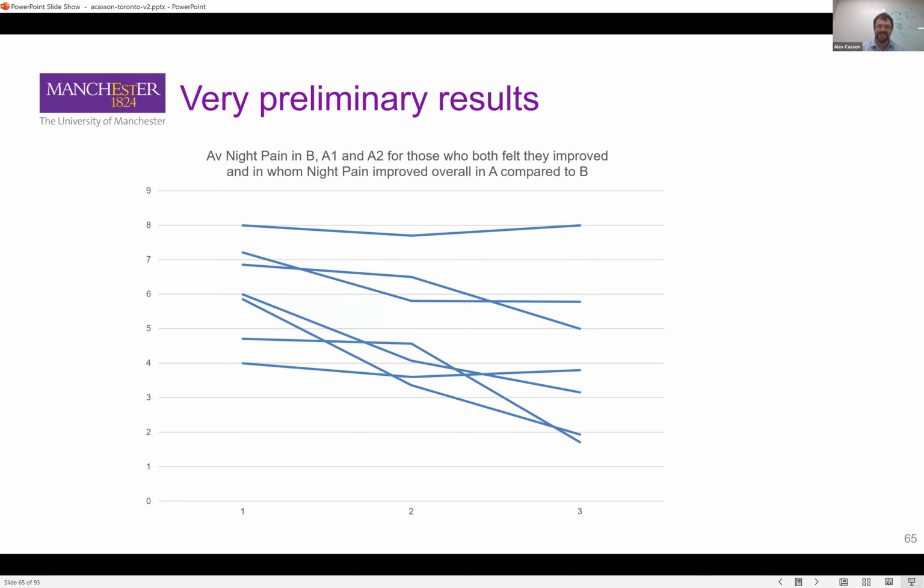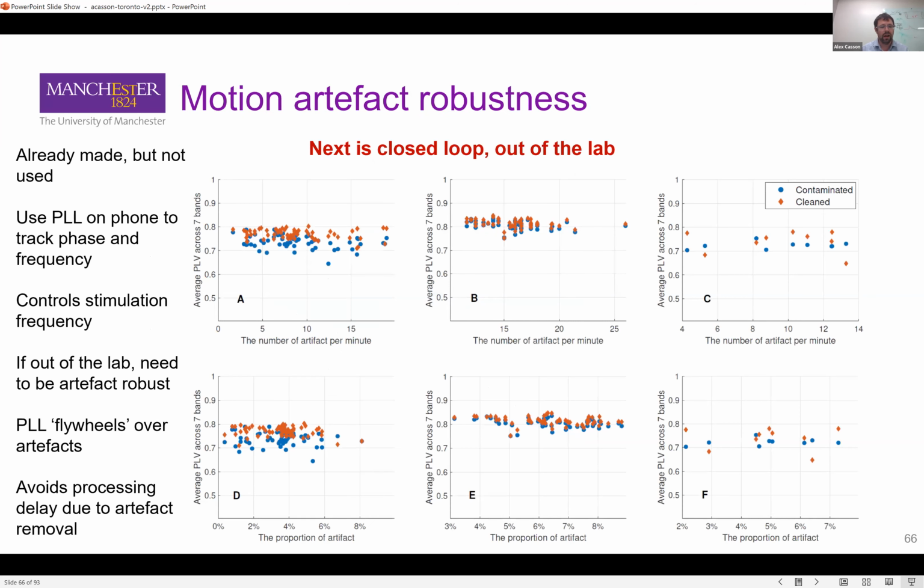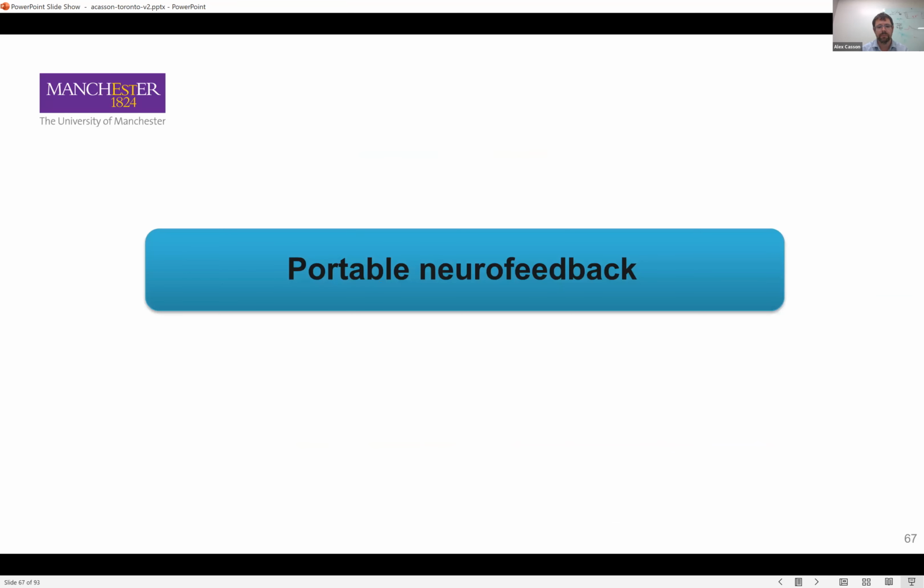I think other students I would have asked to remake this, but fundamentally, these lines are doing what we would want for a non-invasive, non-pharmacological, easy to use, portable intervention. They are looking at decreasing self-reported pain. And then, as I say, one of the key challenges in audio EEG, as I'm sure you know, is motion artifact robustness, and we've done work for our portable platform to be robust.